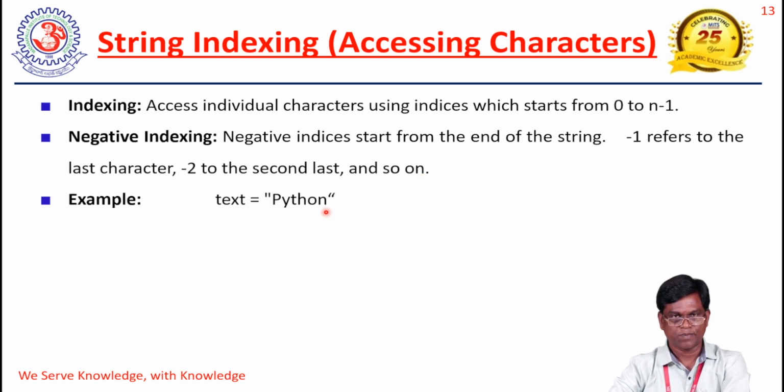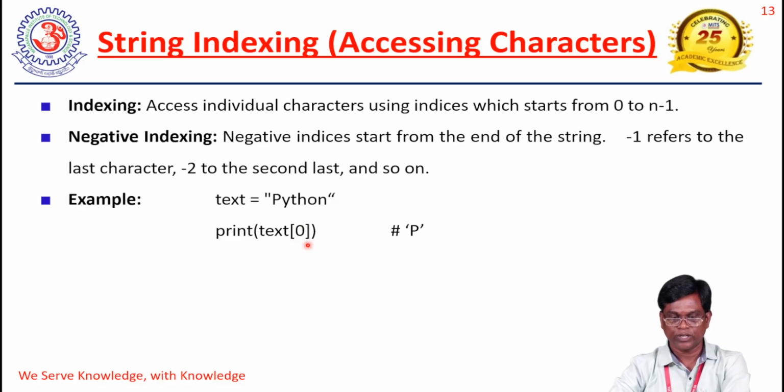So let us see a small example of how to access individual characters from the string. I created a small string called Python with the string name text here. And see here I am printing the character available at the 0th index, text of 0. This is the notation you have to follow for accessing characters through the index.